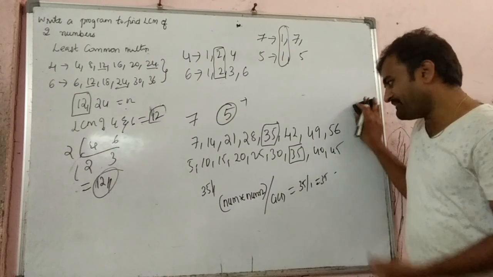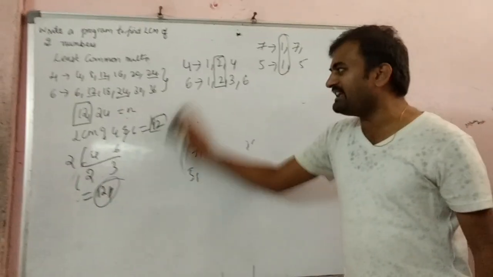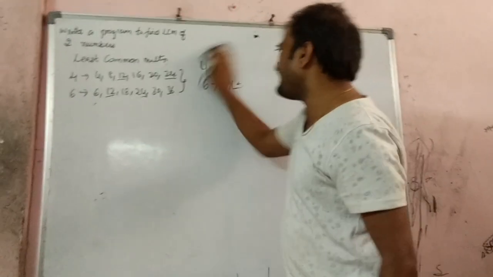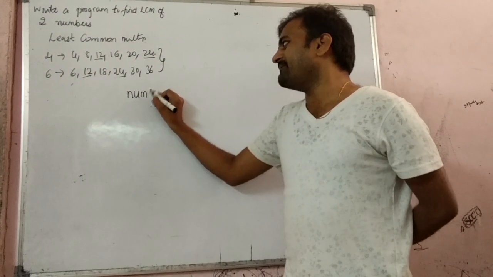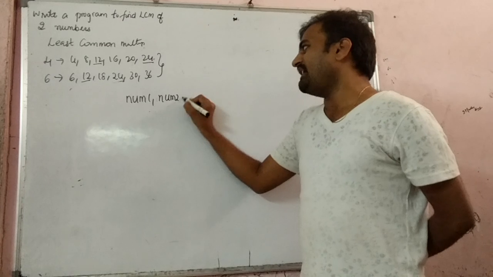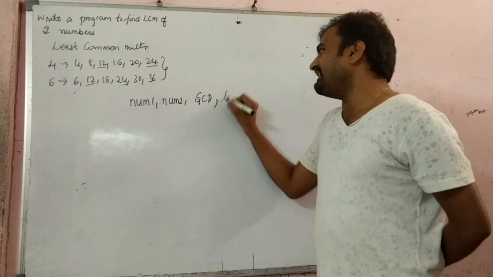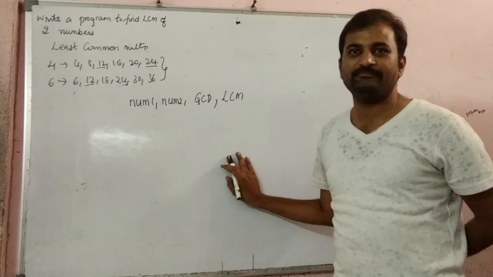Shall we write the program now? To find the LCM, what are the requirements? We need two numbers, num1 and num2, and we also need to find the GCD, and then we find the LCM.